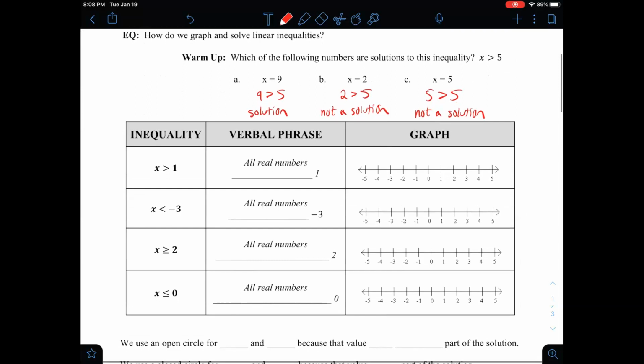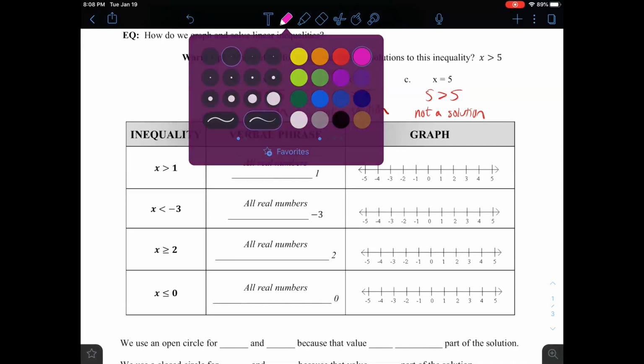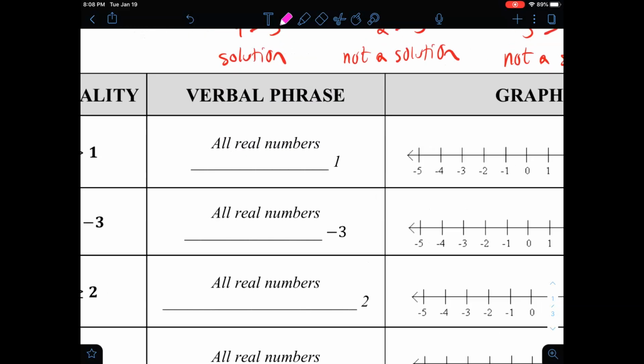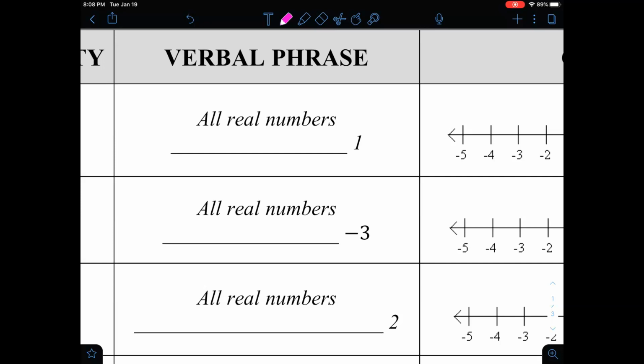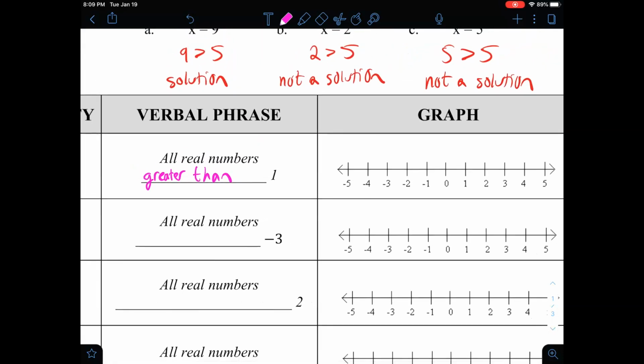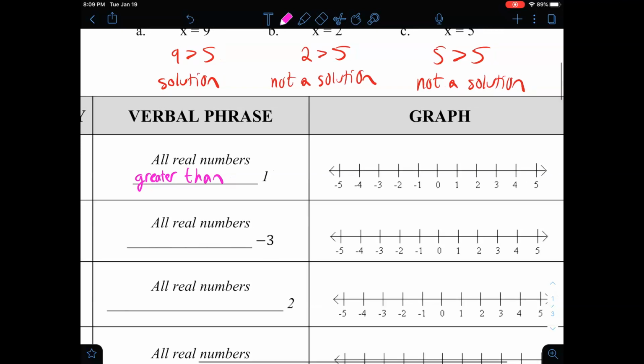Okay? All right, let's get into graphing linear inequalities here. So we have the inequality x is greater than 1. Well, this verbal phrase is literally going to be all numbers that are greater than 1. So, what numbers are greater than 1?